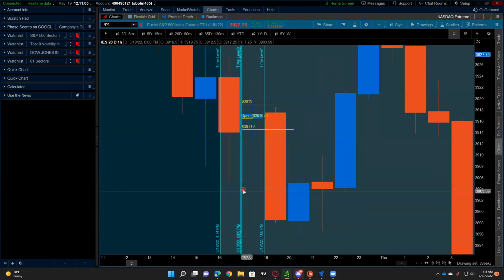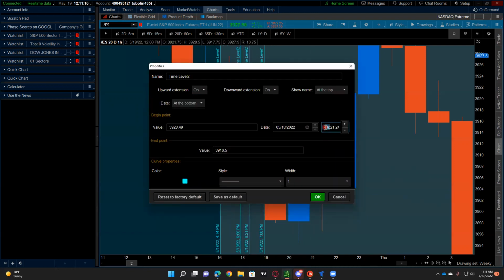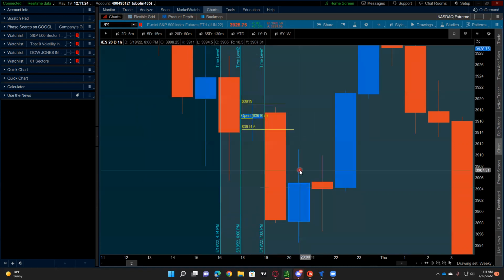I think I did one of those wrong. The first line I didn't put in the right spot. I made it 1600, and it should have been, see, we want 6 o'clock, so it should have been 1800 for that one. Okay, so 1800 and 1900. And there's our initial balance from 6 to 7.